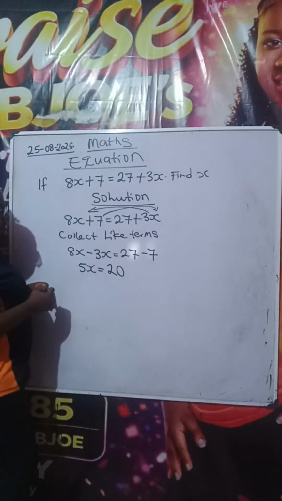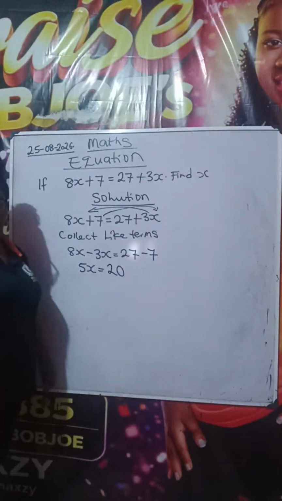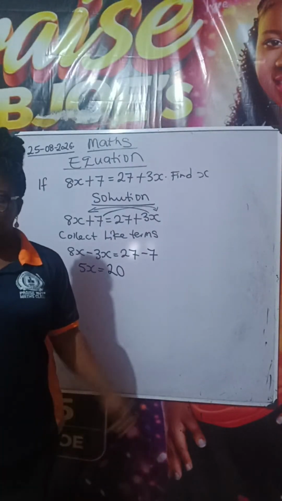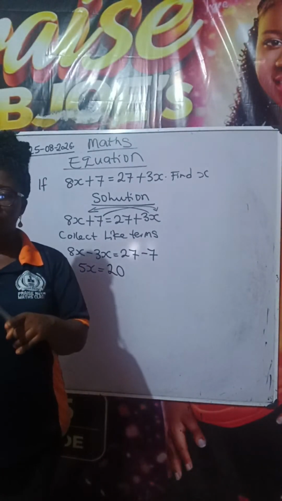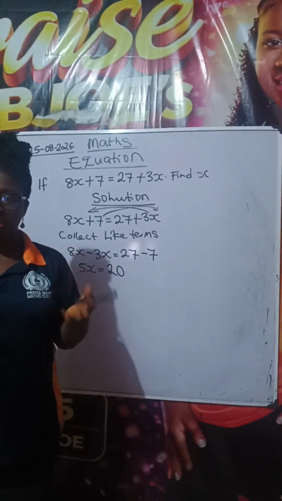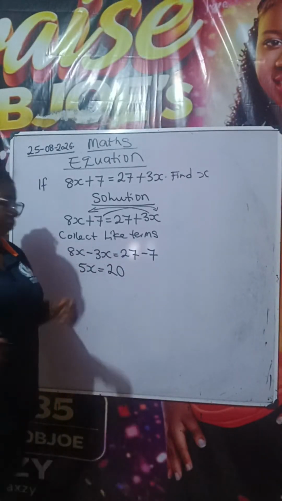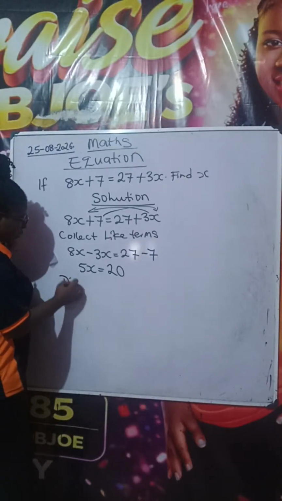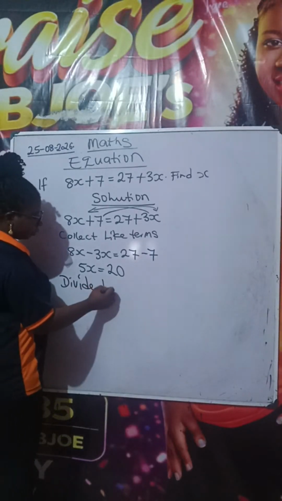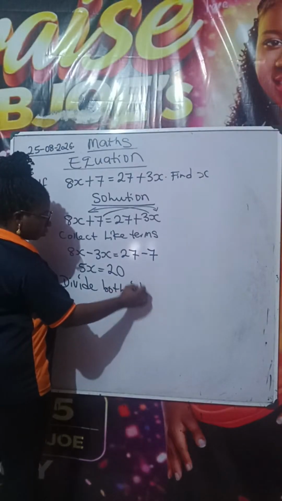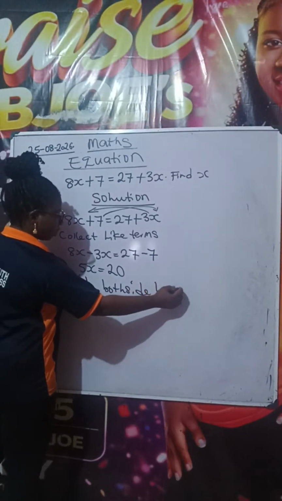Good. Now, to remove this 5 from here, what do we do? Now, all we need to do is divide both sides by 5.